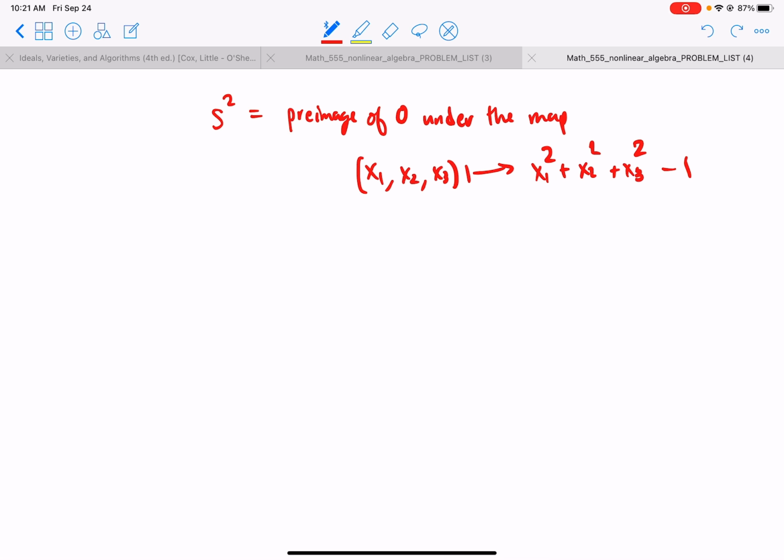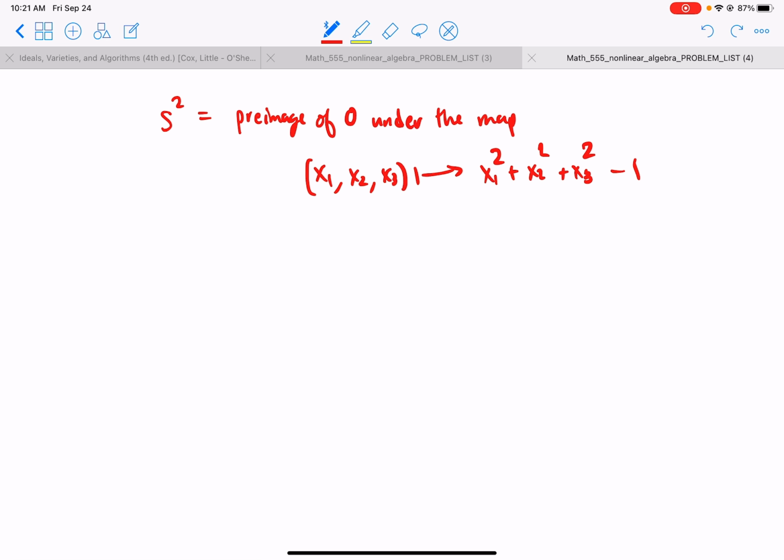Okay, well, let's take the derivative. Let's call this f. df at x should be, well now the output is one-dimensional, so typically we write it as a 1 by 3 matrix. And I just take the partials. And there's the derivative.